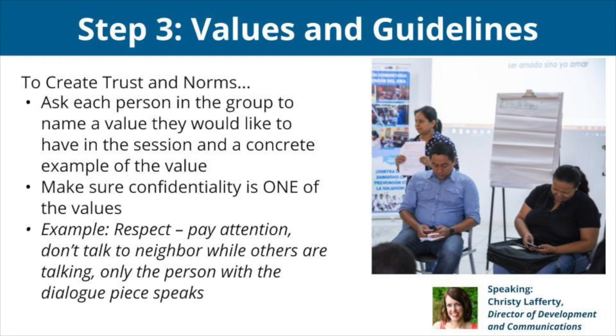Often you can see in the picture there's a butcher paper set up there. Sometimes it might be a whiteboard, but having something to write down our norms is a setup you want to have, as well as for writing down next steps and possible solutions if there is a conflict. We want people to share a value.